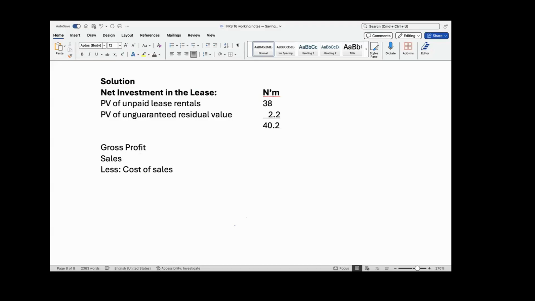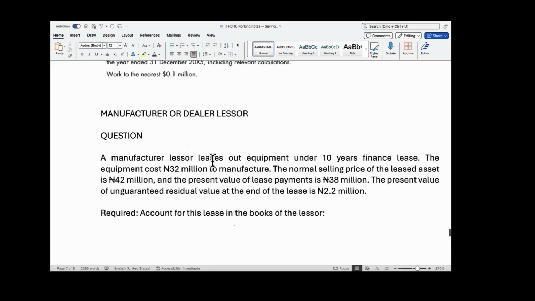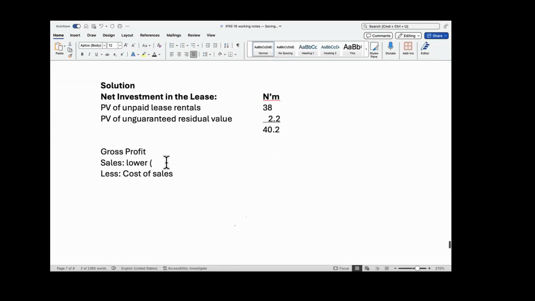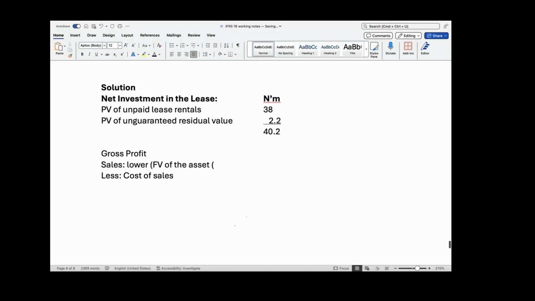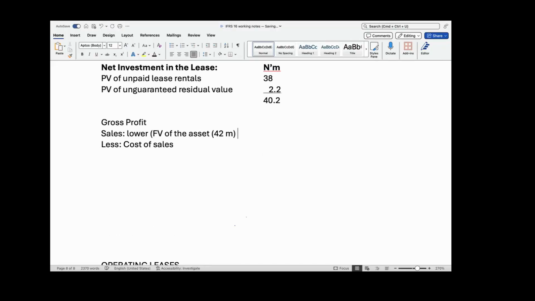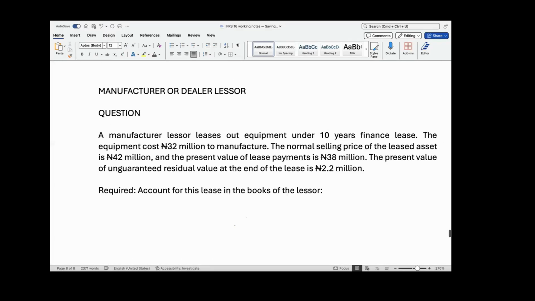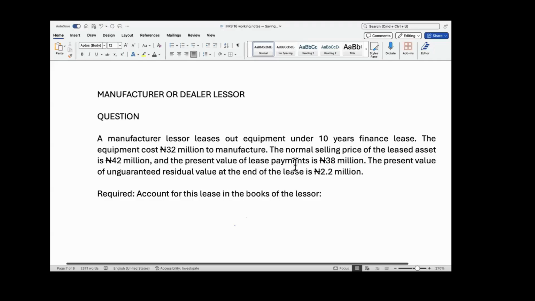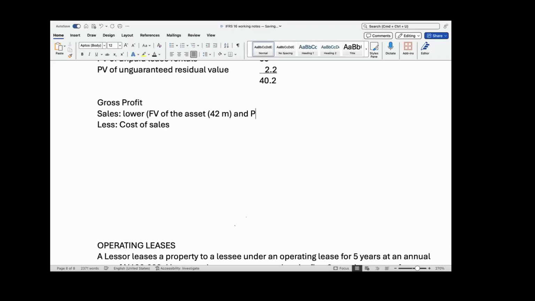My sales is the lower of the fair value of the assets, which is the selling price of these assets, which in this case is 42 million, and the PV of lease rentals, which is 38 million. So in this case, the lower is the 38 million.